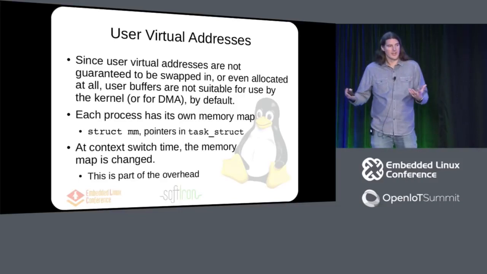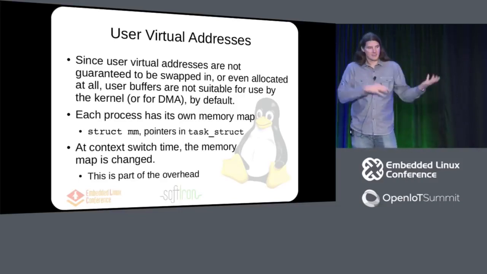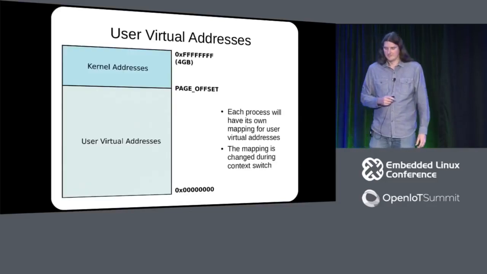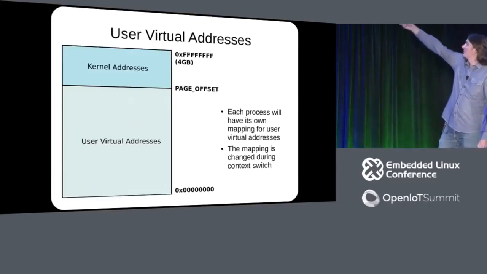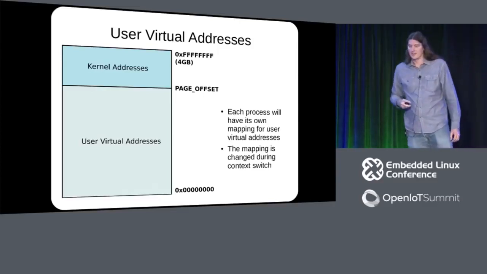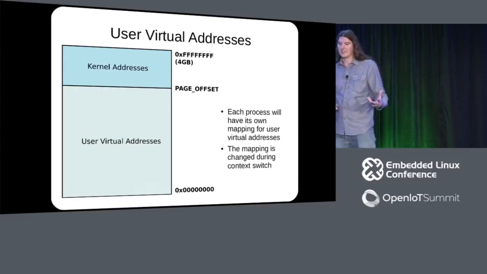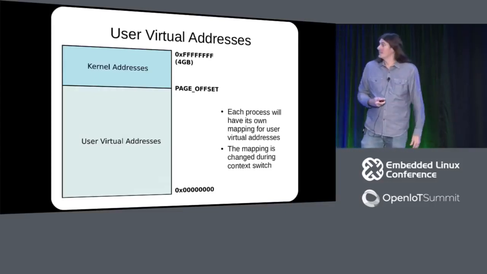So this is part of the overhead of a context switch, is that now you're going to use a different memory map. Different mappings will have to be loaded onto the TLB. So going back to the diagram, user virtual addresses, these are in this bottom section below page offset. And remember, each process will have its own mapping for virtual addresses, and the mapping is changed during a context switch.